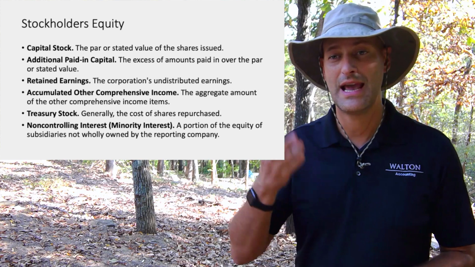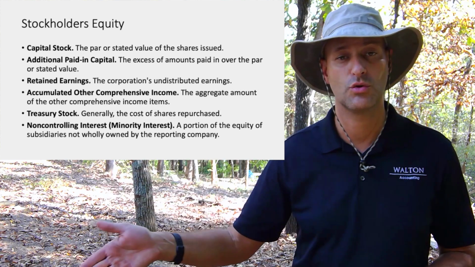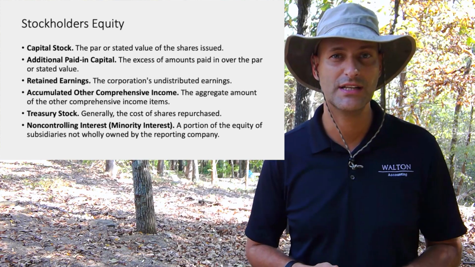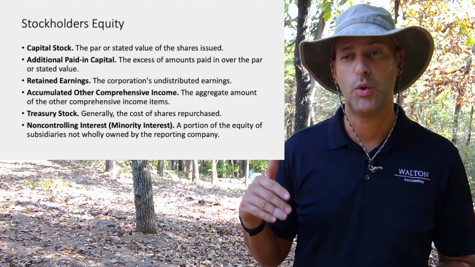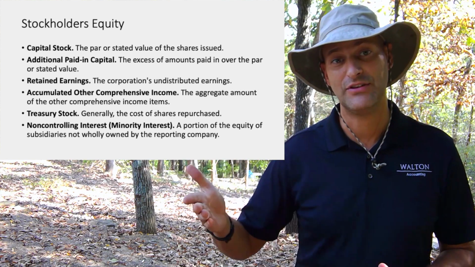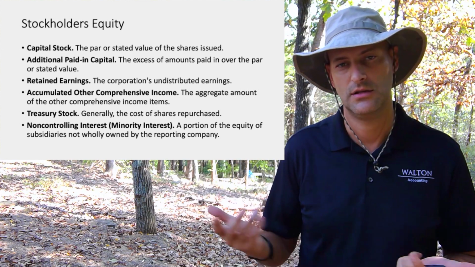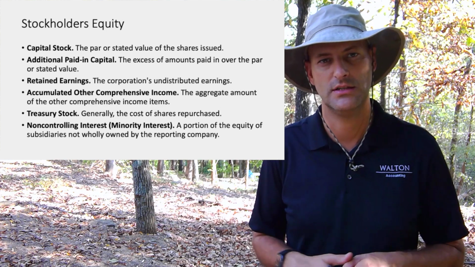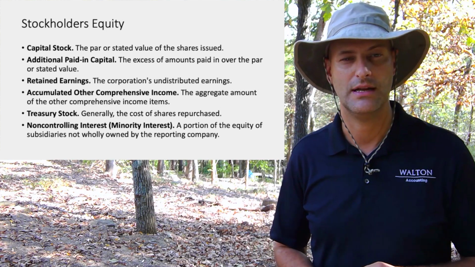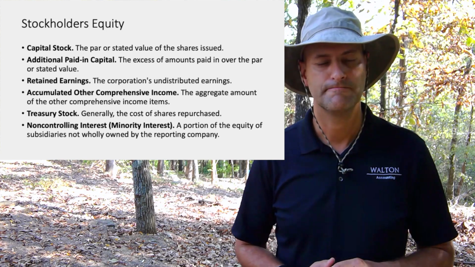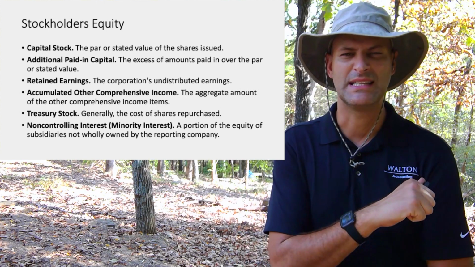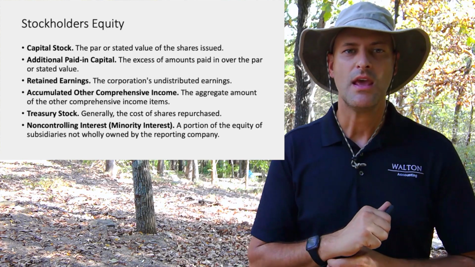If the company has more historical losses than earnings, they typically will report an accumulated deficit instead of retained earnings, because they're not earnings, they're losses. But it's essentially the same account.